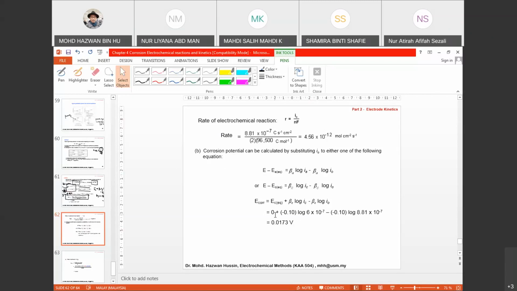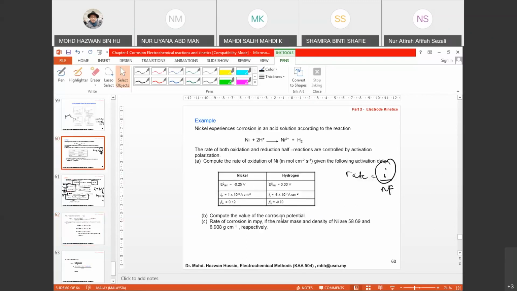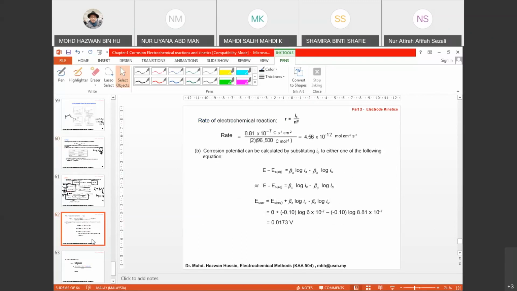All right. So question number 2 or B is to calculate the corrosion potential. Compute the value of corrosion potential. Since in the derivation we have this notation, E is equal, right?